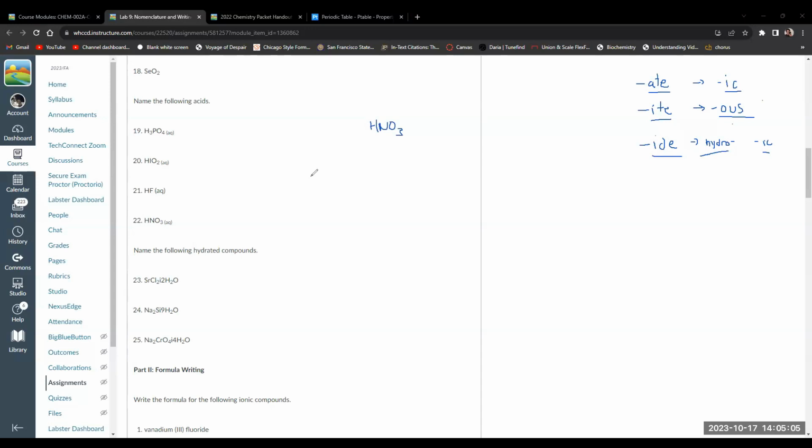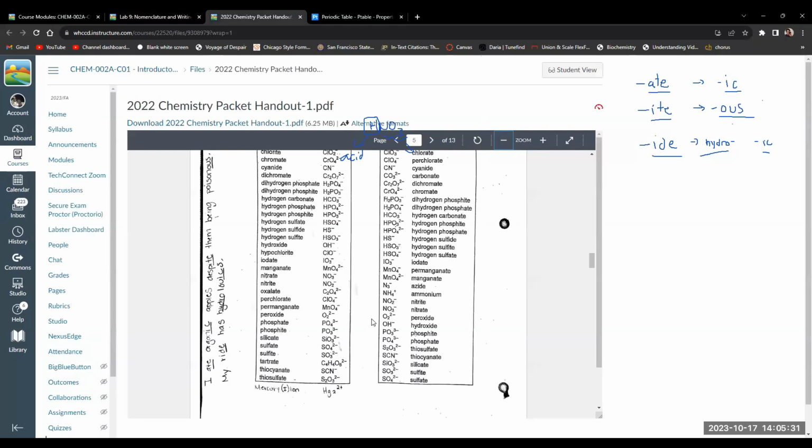Let's see, HNO3. We know it's an acid because hydrogen is here. So acid, which leaves NO3. We know that's a polyatomic because it's in our chart here. So we know it's nitrate.